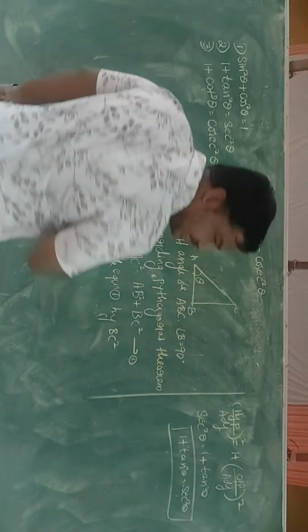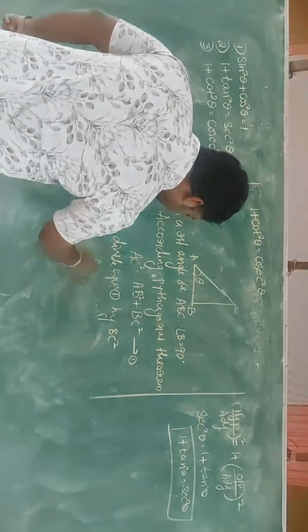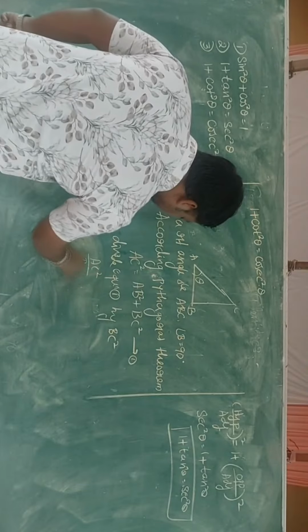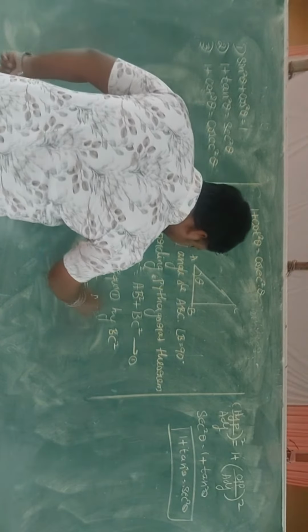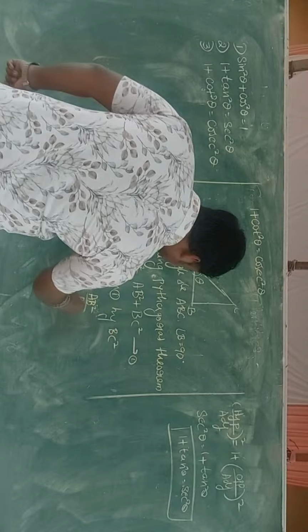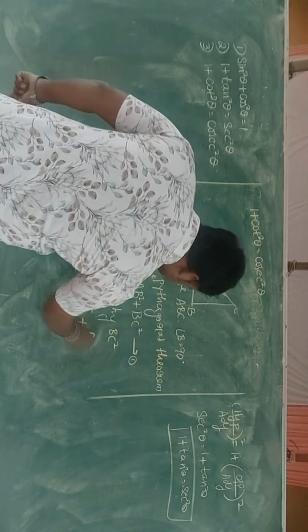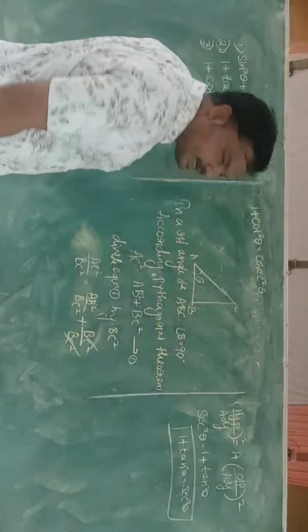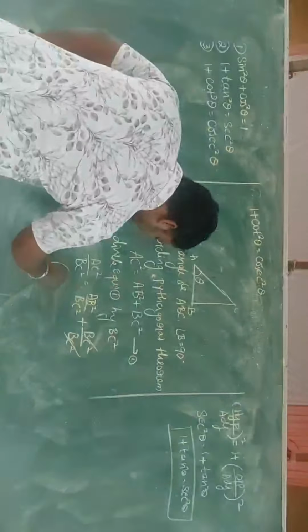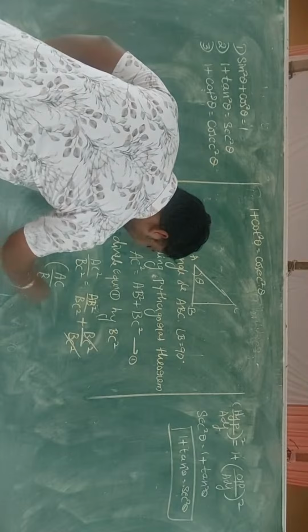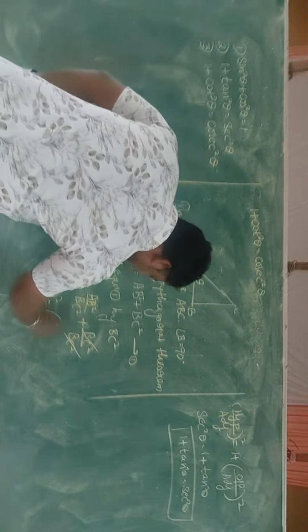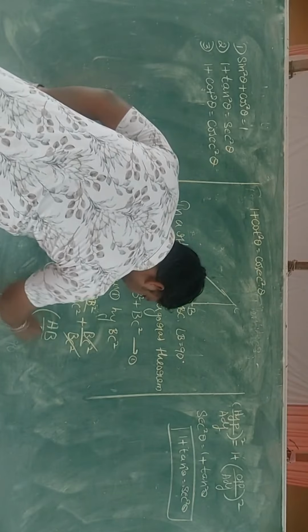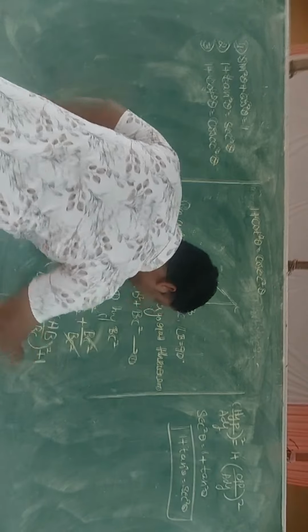That is the opposite side. So now AC square upon BC square is equal to AB square upon BC square plus BC square upon BC square. BC square gets cancelled. So this is AC upon BC whole square equals AB upon BC whole square plus 1.